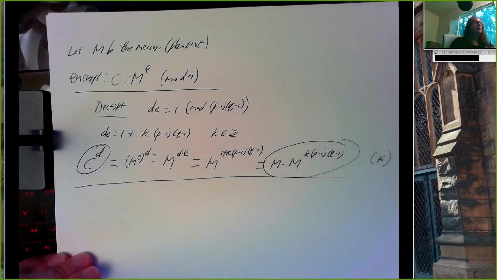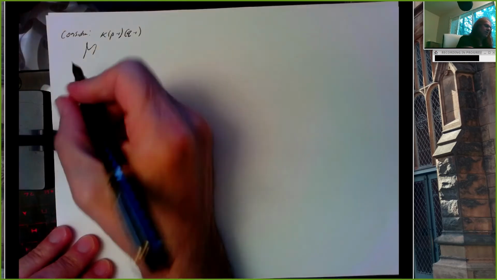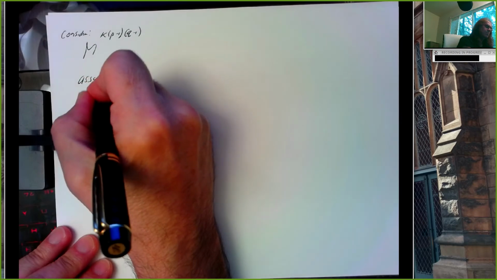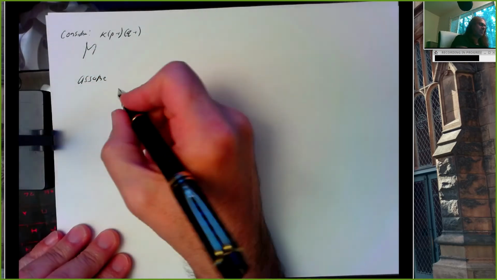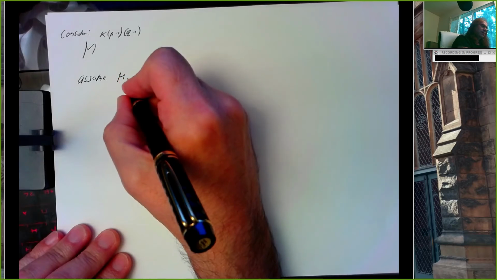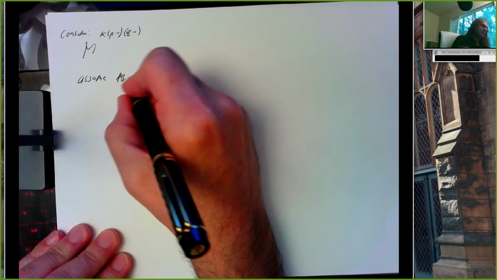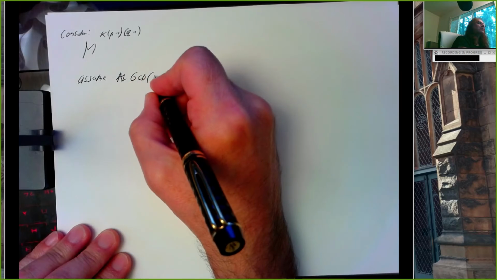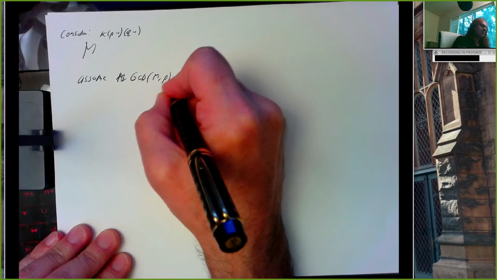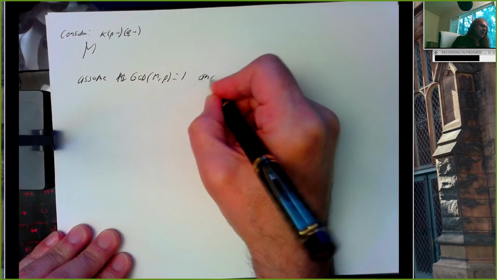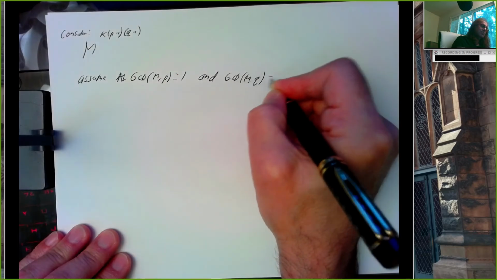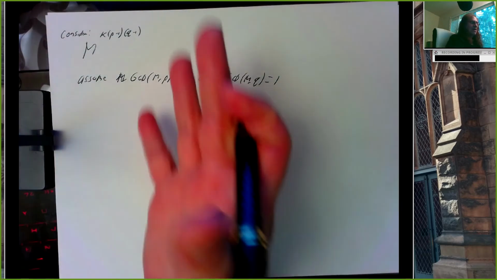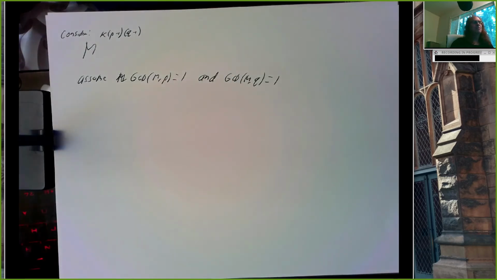You're welcome. Let's assume the greatest common divisor of M and P is equal to 1, and the greatest common divisor of M and Q is equal to 1. In other words, M can't be a multiple of P.